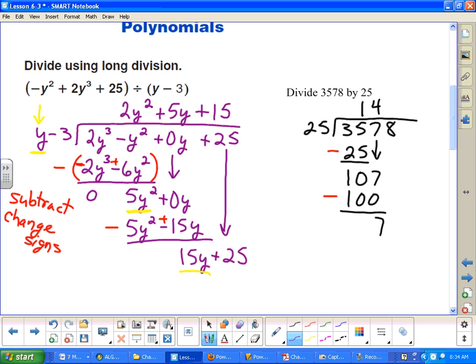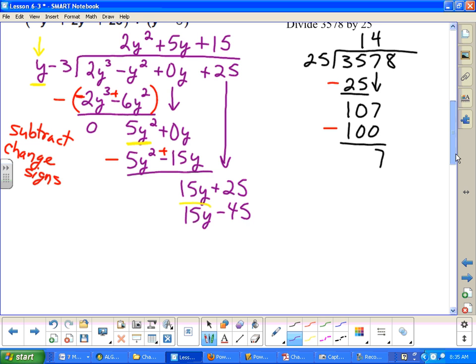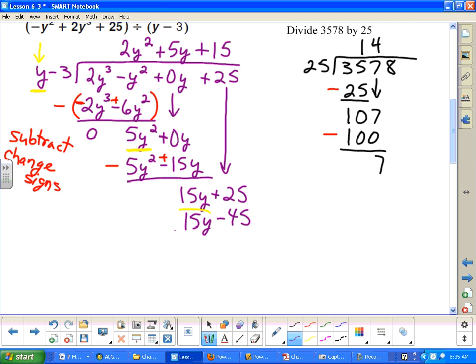And then we multiply again. 15y minus 45. And we subtract, change the signs. So we have 25 plus 45, which is 70.